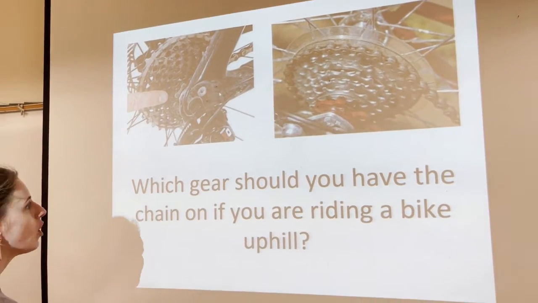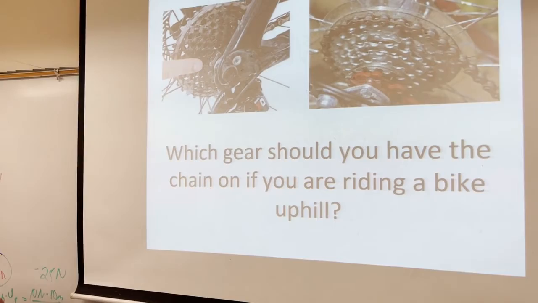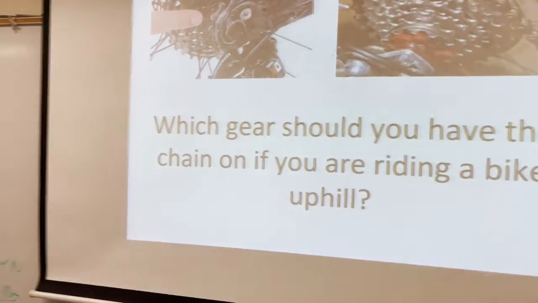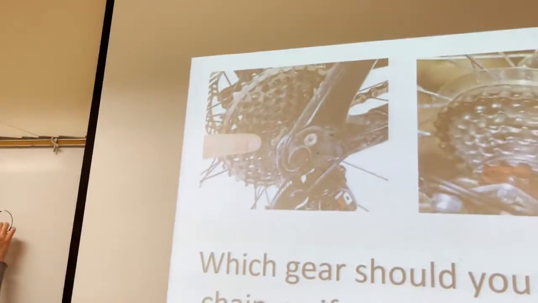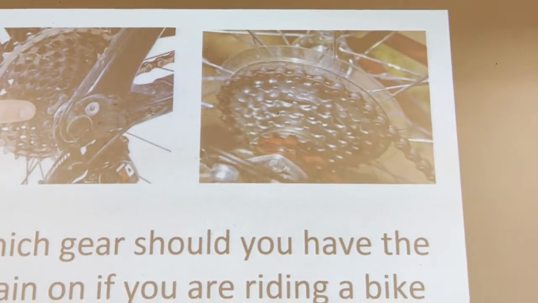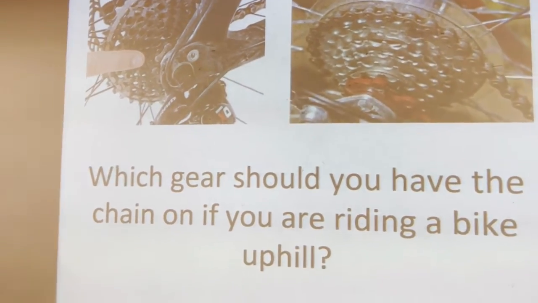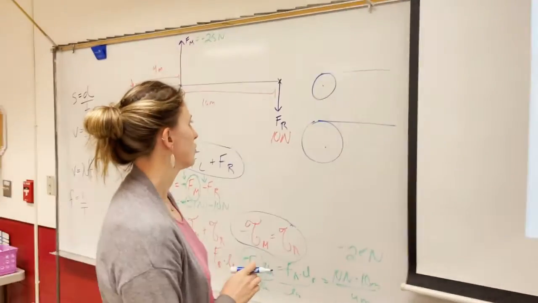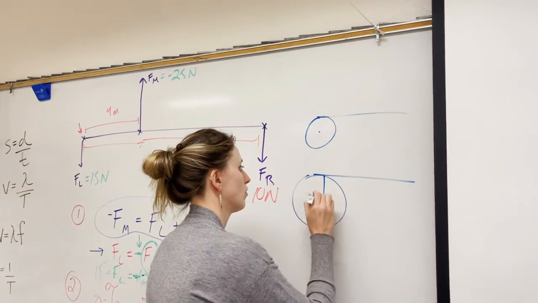Which gear should you have the chain on if you are riding a bike uphill, the little bitty gear or the big gear? Which, for the same amount of force that you put on the chain, will produce the greater torque? You've got to draw on the lever arm.